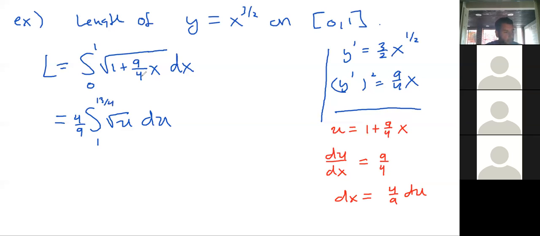So you might want to think about where that comes from. I got the 13/4 and the 1 using this starred formula over here. That's how you get the new bounds. You plug x in and get the corresponding u's.